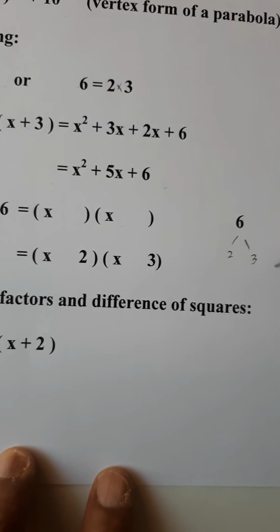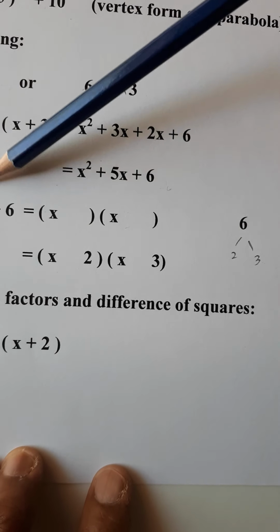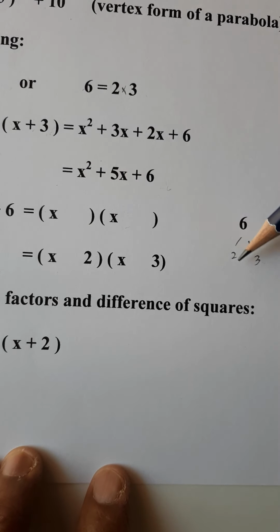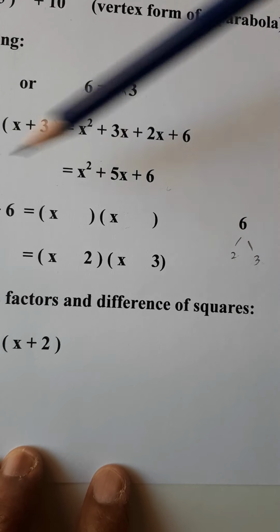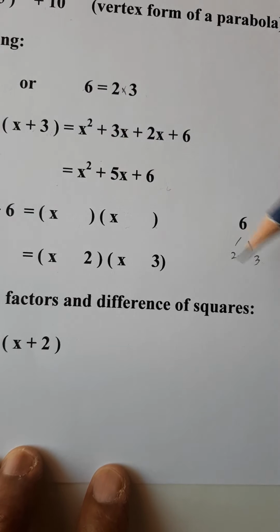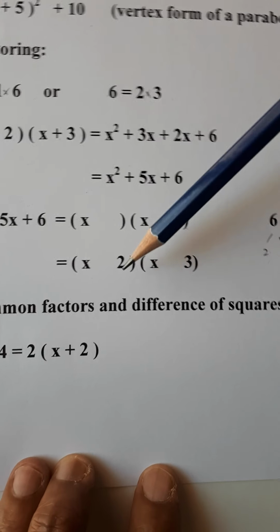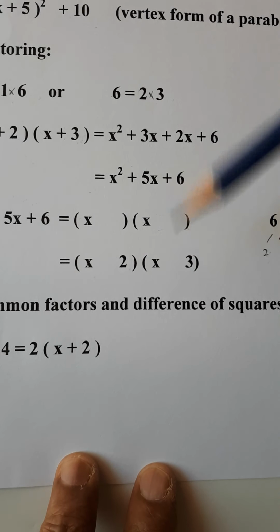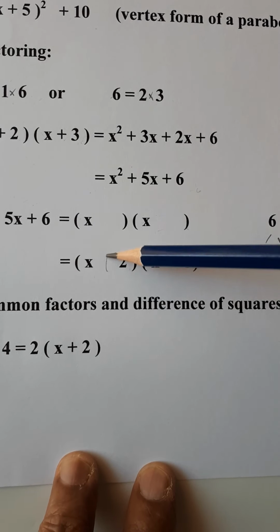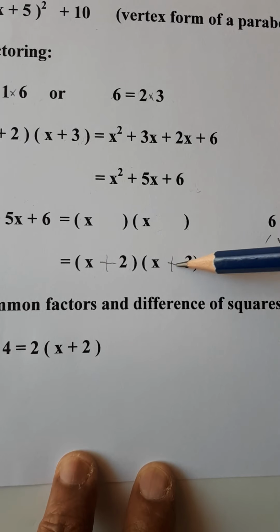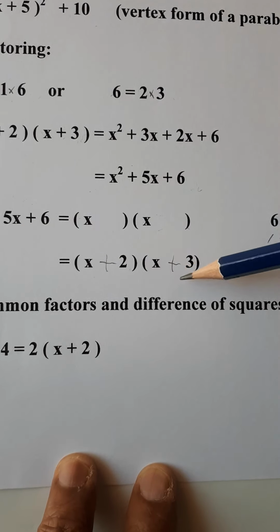And check whether you are getting your middle term by adding or subtracting these numbers. 3 minus 2 is 1, so it's not 1. 2x plus 3x is 5x, so it works. Therefore you write down 2 and 3 here, and put the correct sign so that you end up with the correct plus 5x.